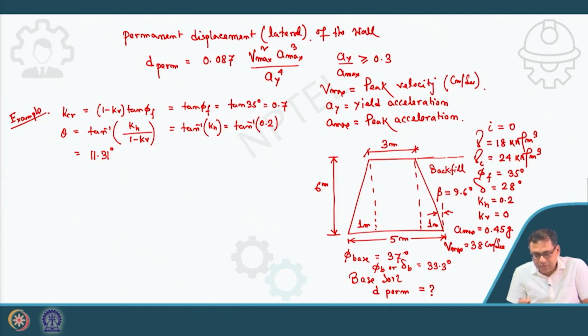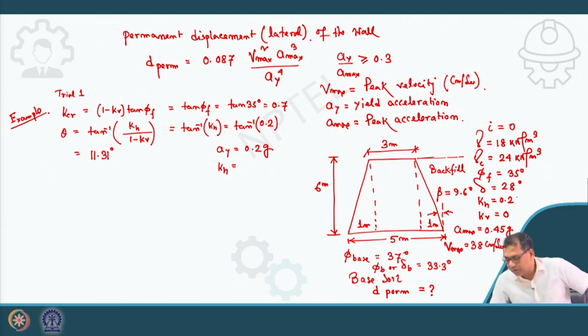So, for our first trial, trial 1, we assume that AY is equal to 0.2 G, because the KH value is given and we have to determine the KAE.